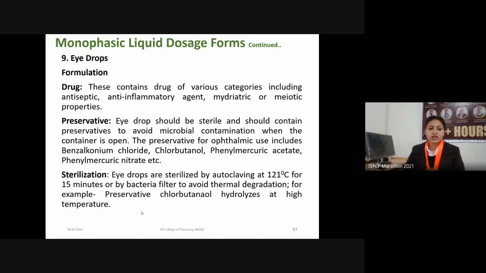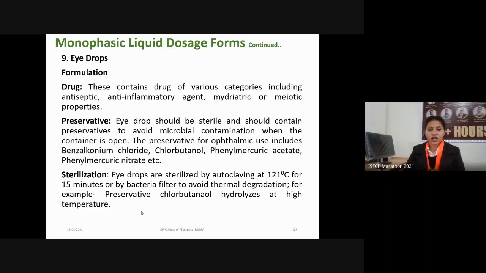For the formulation of eye drops, the first ingredient that we need is the drug. They contain drugs of various categories, including antiseptics, anti-inflammatory agents, and agents having miotic properties. Preservatives are also added in the eye drops.